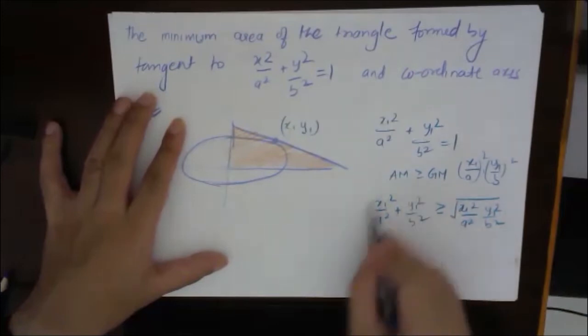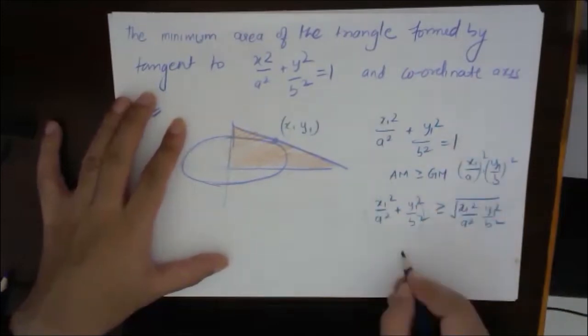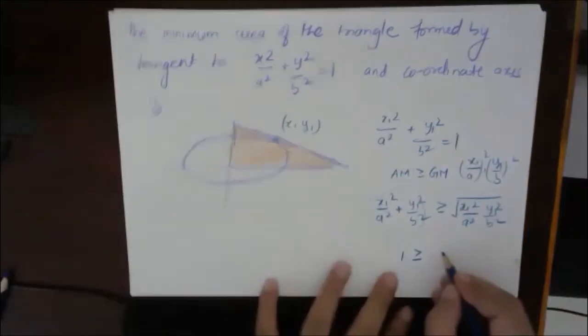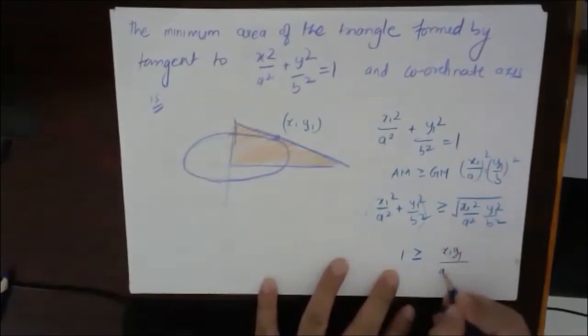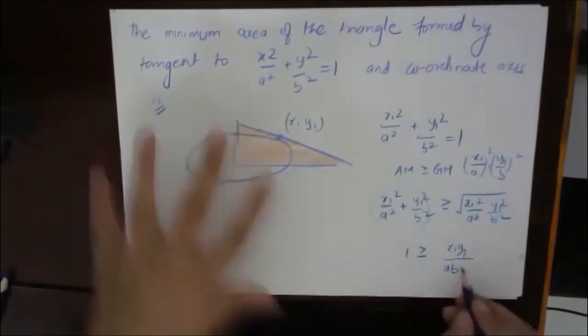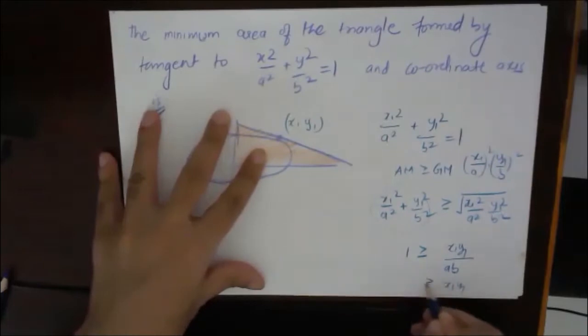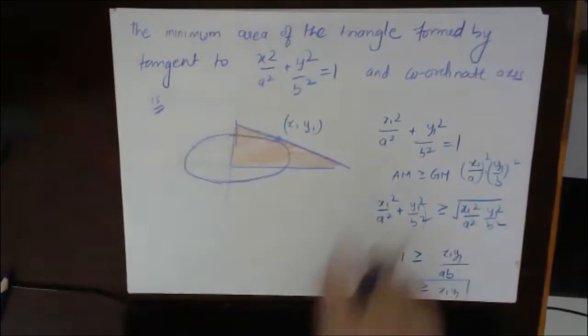So this is nothing but 1. So 1 is always greater than or equal to x1 y1 by ab. So x1 y1 is always less than or equal to ab. Right? So this is the first condition we got.